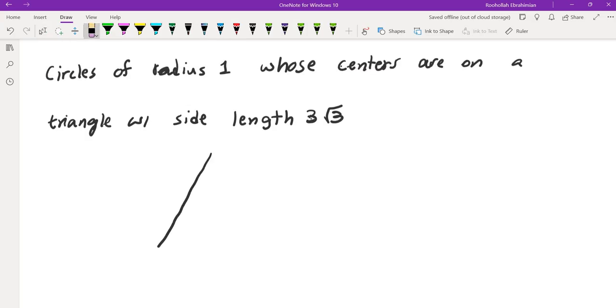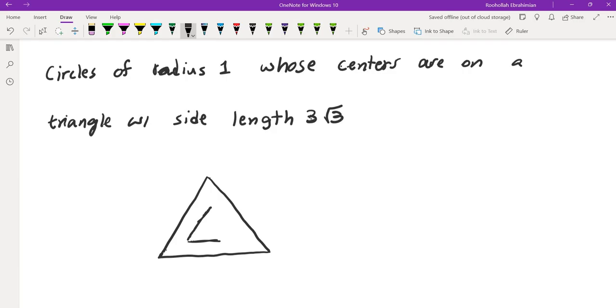So, okay, let's draw the region and let's find the area. The region is going to look like this. We have a triangle and we're looking at a bunch of circles of radius 1. We look at every point whose distance from the sides of this triangle is at most 1.